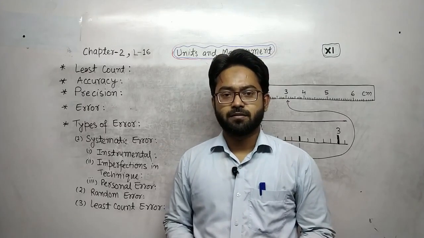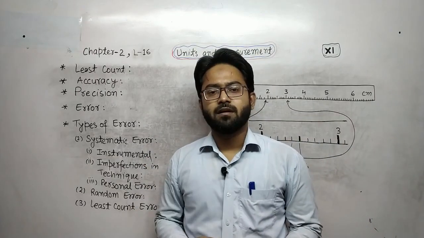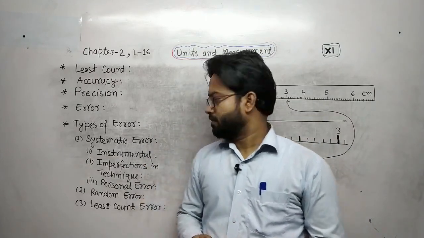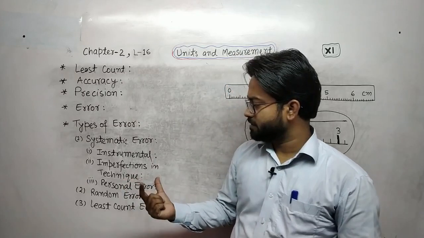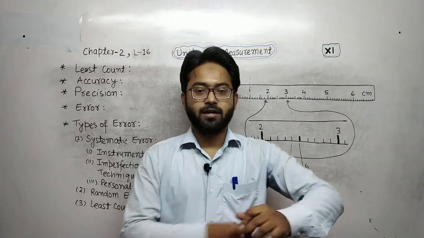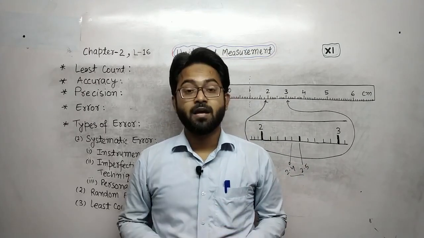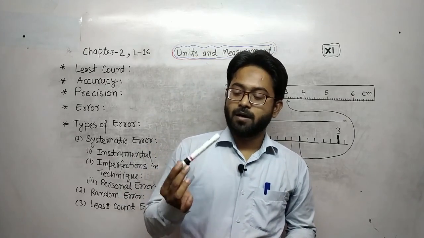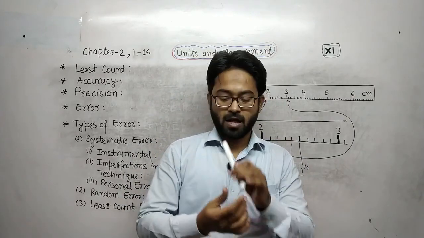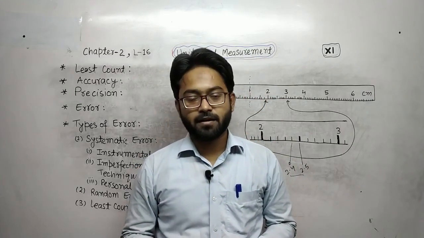The temperature of the body you can measure by many techniques. First technique, take a thermometer and put it in the armpit. Second, take a thermometer and put it under your tongue. This is the second technique.